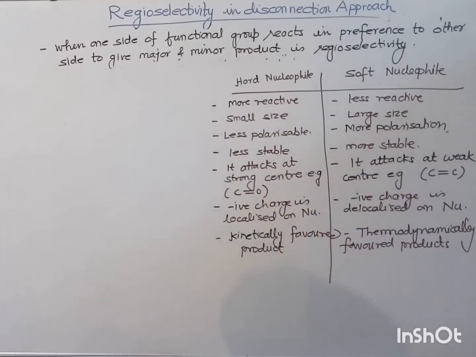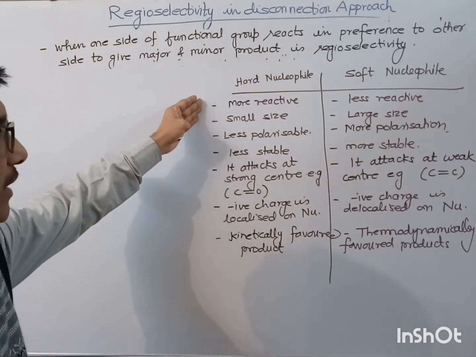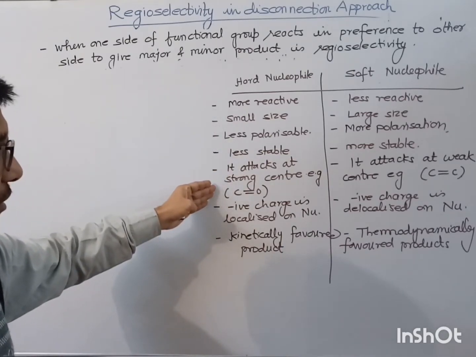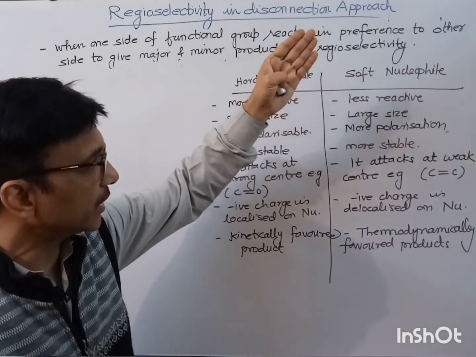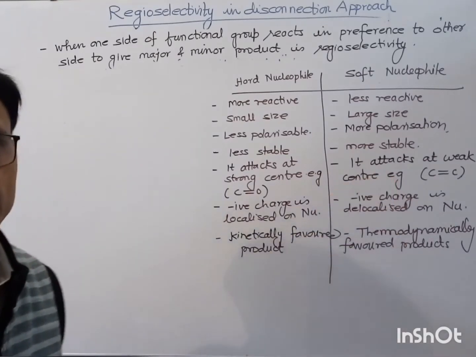These are the very important points. A hard nucleophile is more reactive and attacks at the strong center. A soft nucleophile, being less reactive, attacks at the weak center to give you the thermodynamically favored product.